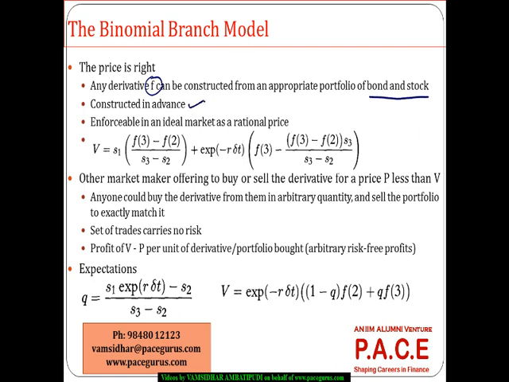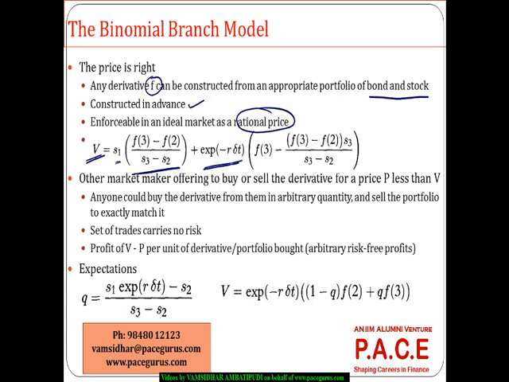And this derivative is always constructed in advance. Right? This derivative I am always constructing in advance, and probably it is very much enforceable as a rational price. Now I can talk about phi. So right now, if I want to find out the value of it, it is nothing but S1 times phi plus e to the power of minus RT times psi or B naught.